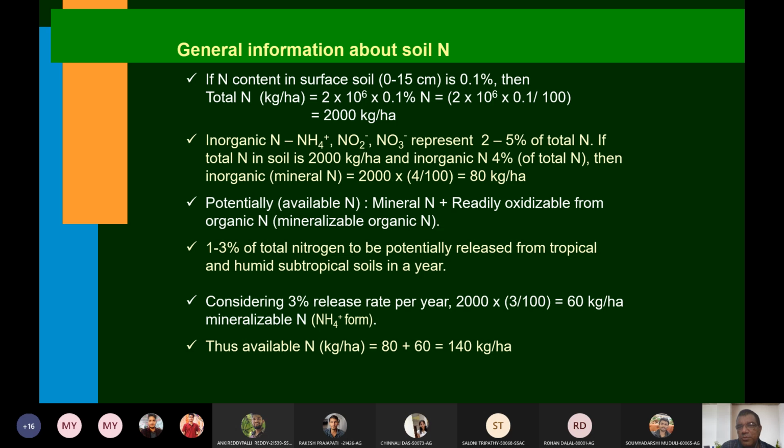So we need to reduce the doses of the fertilizer or the external application of nutrient, because otherwise we will apply nutrients in excess and we will not be using the nitrogen which is there in the soil. If we apply in excess, you will get more losses of nitrogen. So to get the best or efficient use of nitrogen, we calculate this readily oxidizable nitrogen.